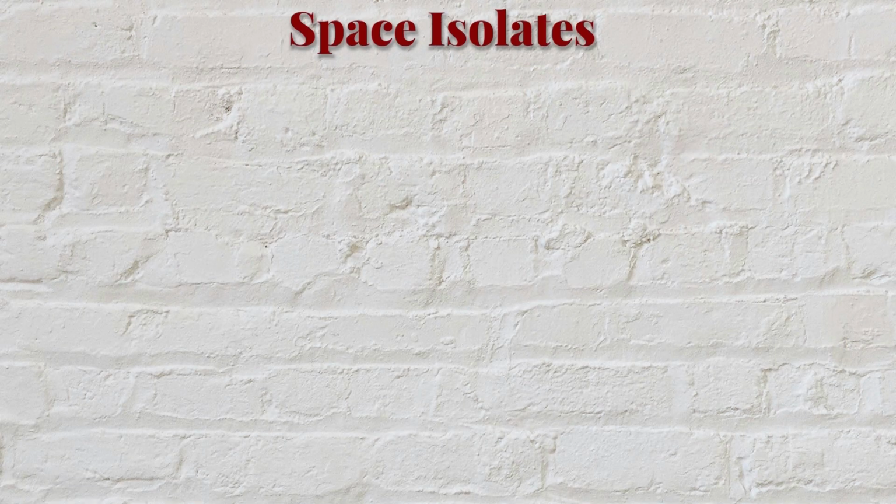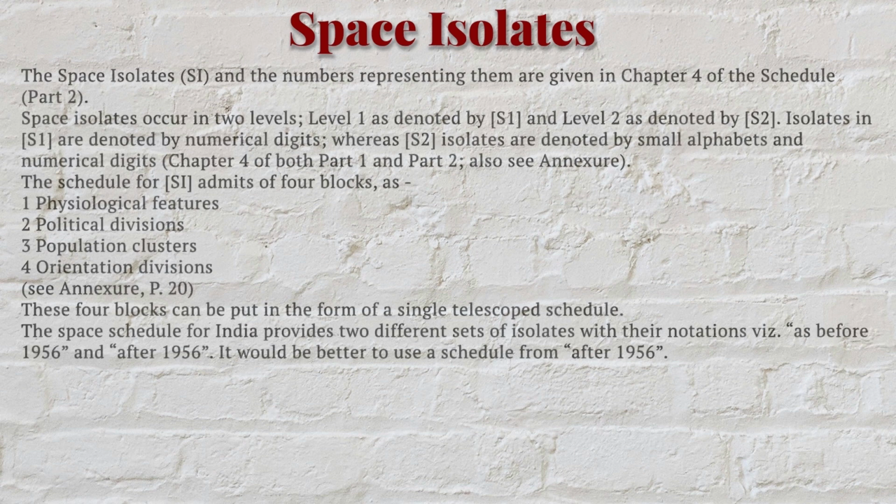The space isolate and the numbers representing the space isolates are given in chapter 4 of the schedule, that is in the part 2 of colon classification, 6th edition. Space isolates occur in two levels, level 1 denoted by S1 and level 2 denoted by S2.